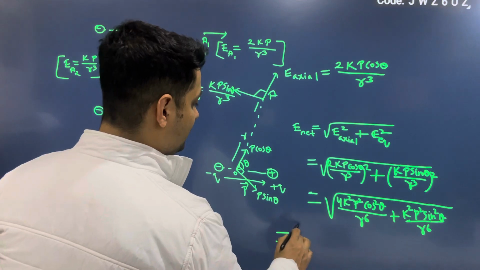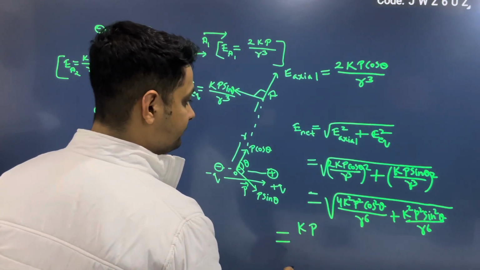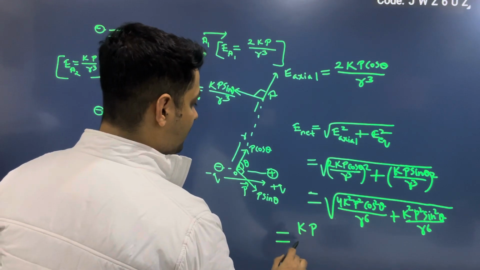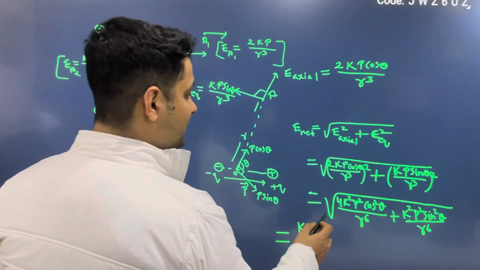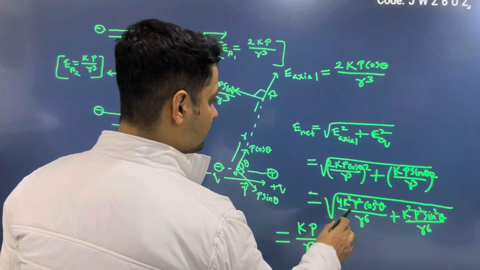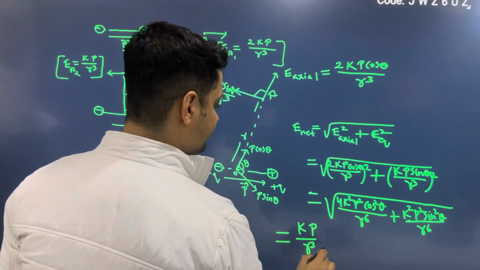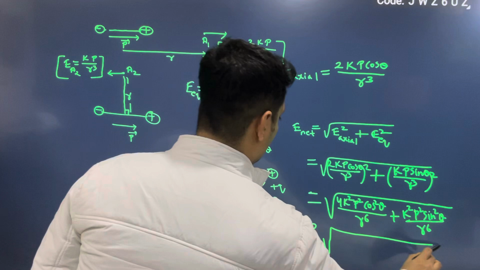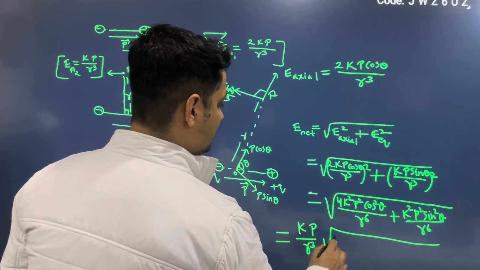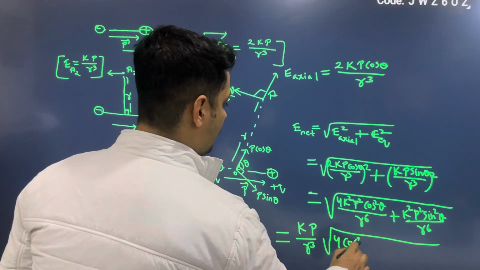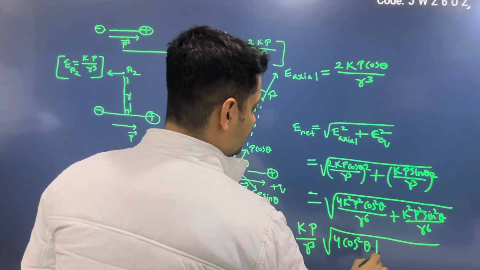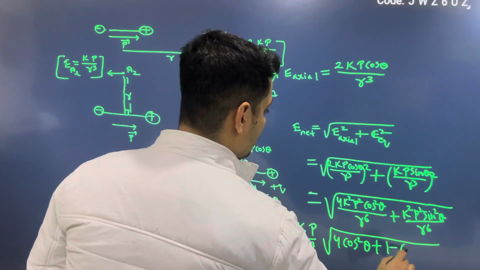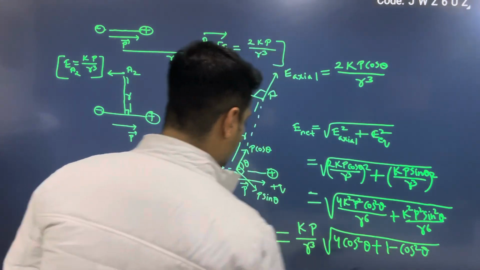So outside it will come kp divided by r cubed. Now inside it will remain 4 cos square theta, correct? And sin square theta, you can write as 1 minus cos square theta.